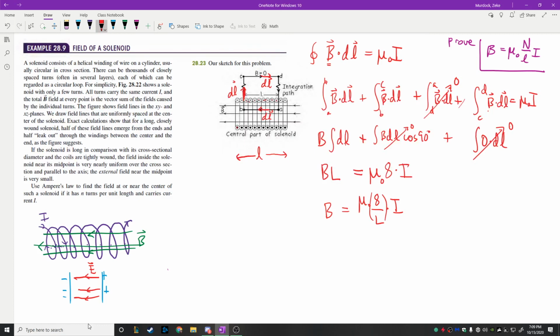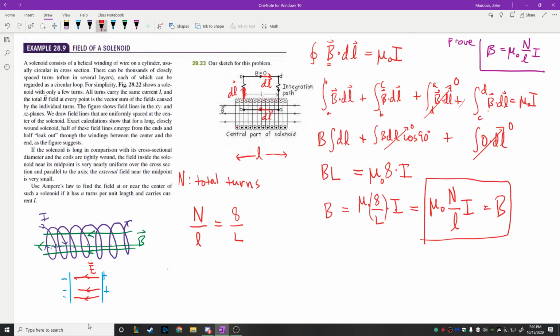So if n is the total number of turns in the solenoid, and I divide by the total length of the solenoid, that should be equal to 8 divided by L, or whatever number of currents we happen to have here. So this ends up becoming mu naught times the total number of turns divided by the total length multiplied by the current I. And that is what you're trying to prove. That's the magnetic field of a solenoid.